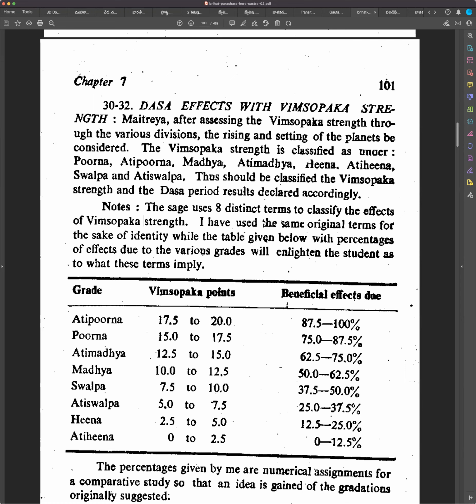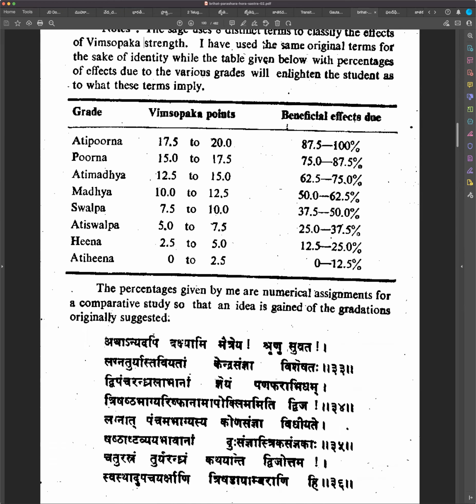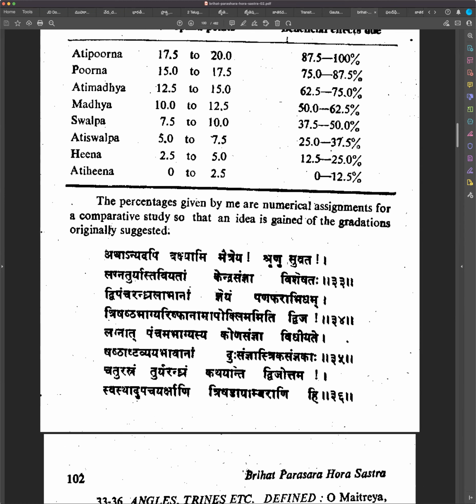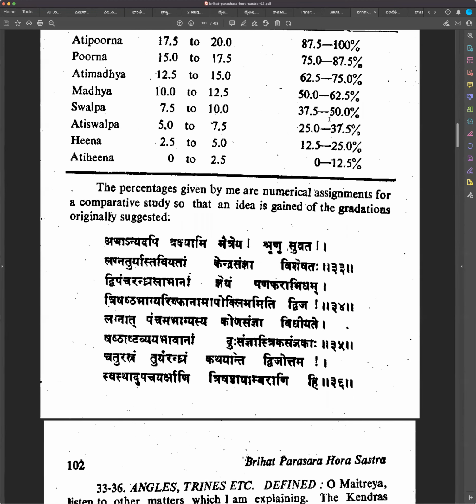So depending on the position of the planet, the strength is categorized. The percentages given by me are numerical assignments for a comparative study so that an idea is gained of the gradations originally suggested. Anyway, these are all things we see in the software.